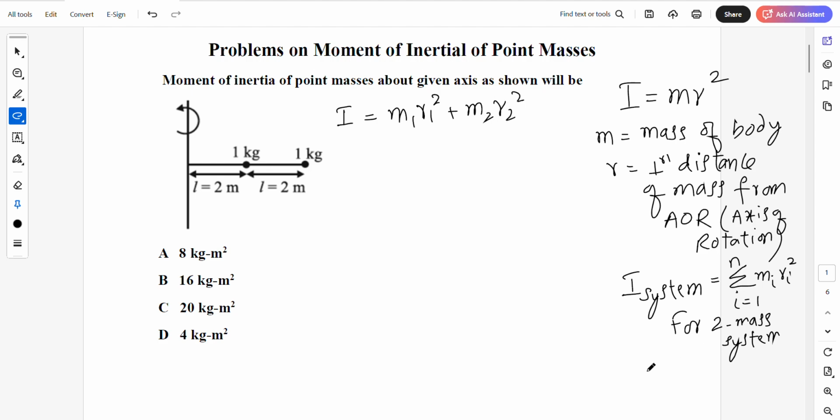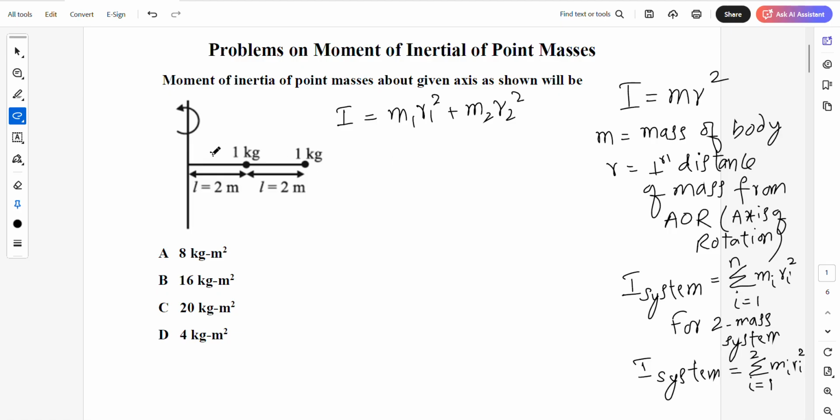In turn, I system is equal to summation i equal to 1 to 2, Mi Ri whole square. If I expand this summation, I'm going to get M1 R1 square plus M2 R2 square.